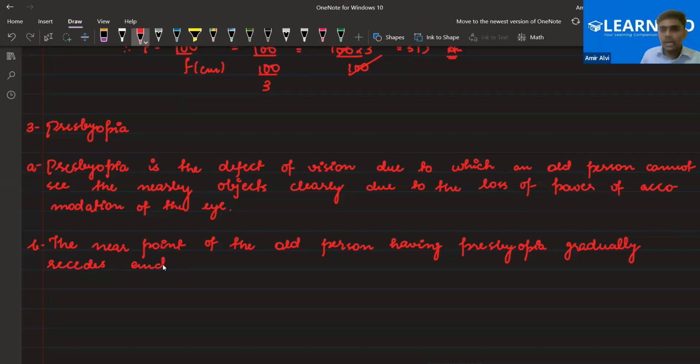Gradually it recedes and becomes much more than 25 centimeters away.